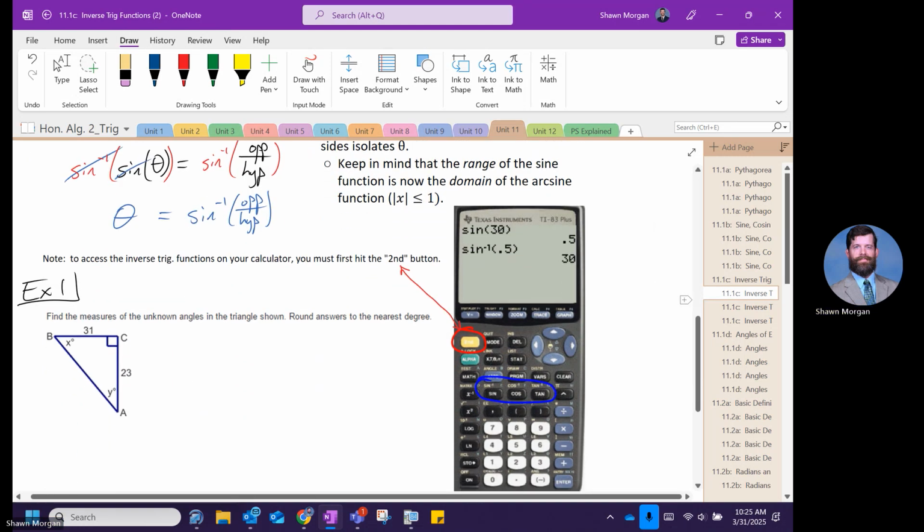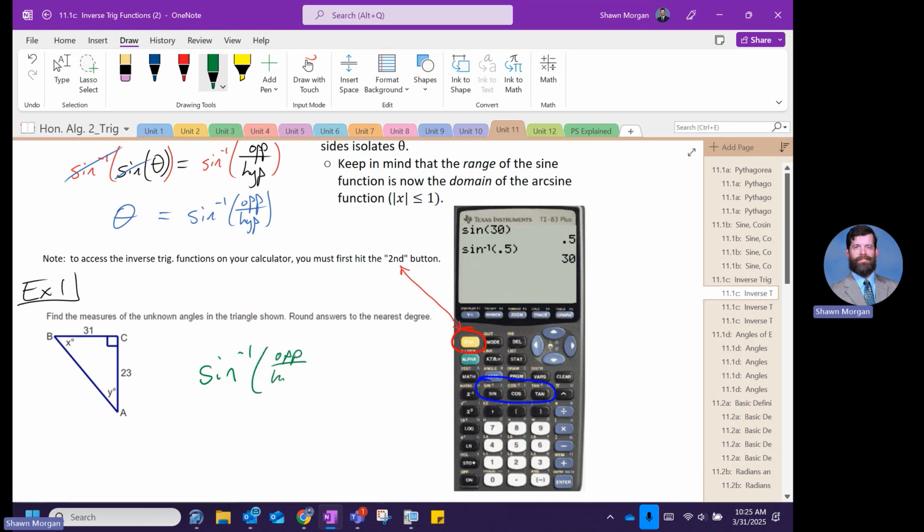Don't let me forget, Sebastian, the word restrictions. The way that you find it, and I know this is an old calculator picture, is you just hit second and then sine, or second cosine, second tangent. You can see it up above there. There's a bit of antiquated notation you'll see: sine with a little -1, opposite over hypotenuse equals the angle.